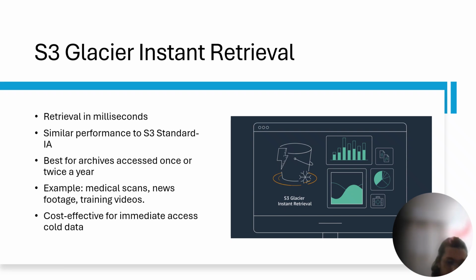For example, a hospital storing patient x-rays or a media company storing old video footage. It costs less than standard storage while maintaining the same performance and durability, making it an excellent hybrid option.